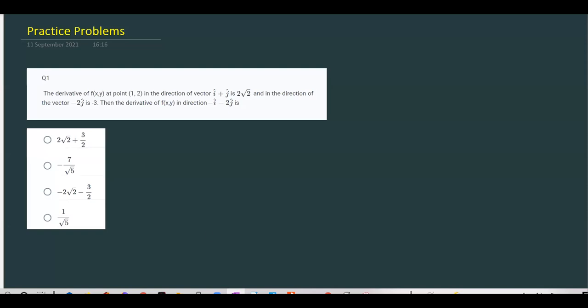So look at the solution here. f is unknown to us. So let f of x comma y be some u i cap plus v j cap. Now u and v are functions of x and y.